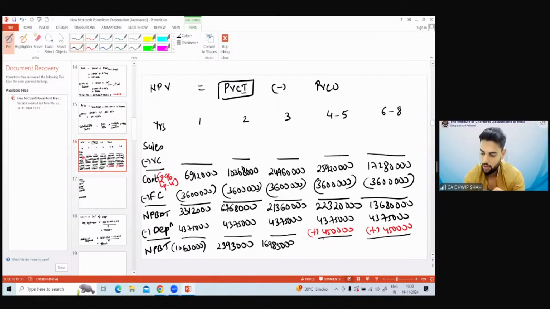For year 4, don't forget to deduct depreciation on additional equipment as well. 22320 minus 4375 minus 450. So it comes to 17495. And for year 5, 13680 minus 4375 minus 450, 8855.